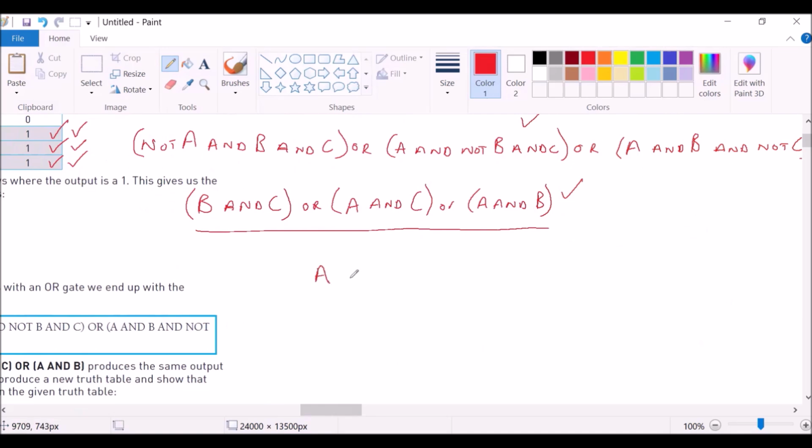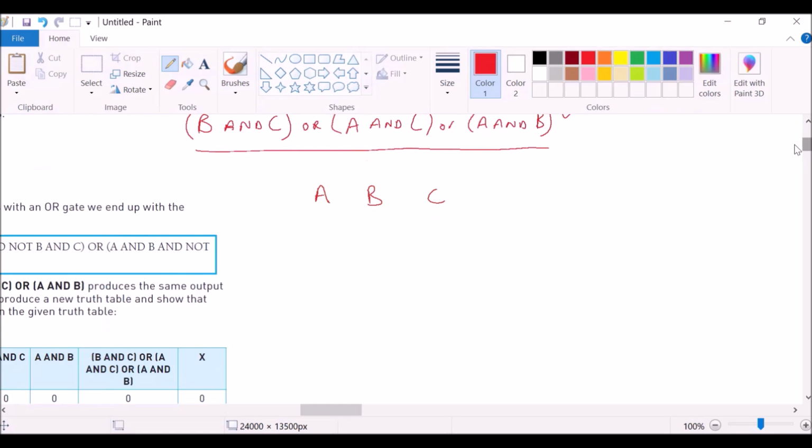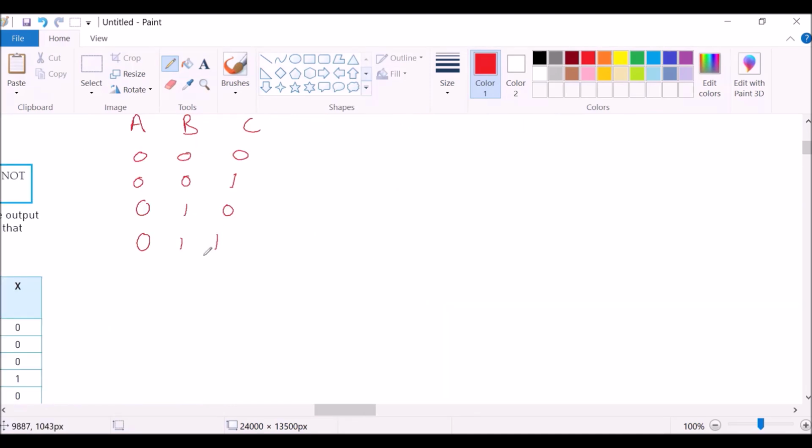So we have our inputs A, B, and C, which can be 0, 0, 0, 0, 0, 1, 0, 1, 0, 0, 1, 1, 1, 0, 0, 1, 0, 1, 1, 1, 0, up to 1, 1, 1.